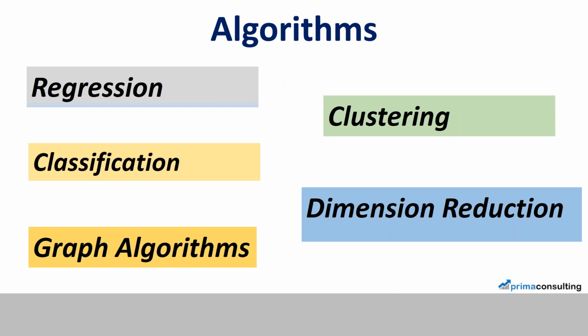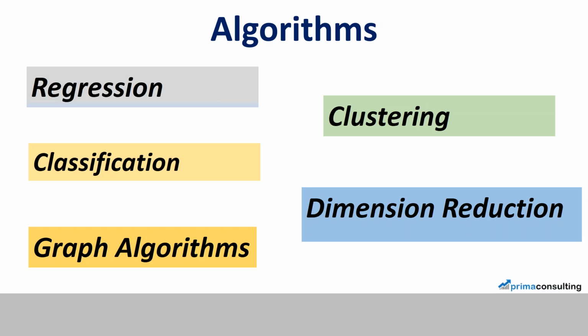So to end this presentation, I broadly categorized all sorts of algorithms in data science into 5 broad categories. 95% of the problems you will encounter in data science will come under one of these umbrellas: regression, clustering, classification, dimension reduction, and graph algorithms.